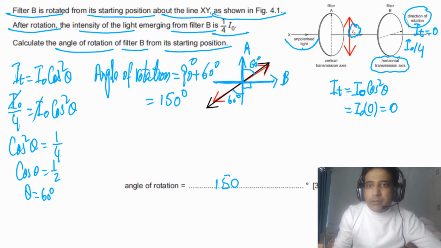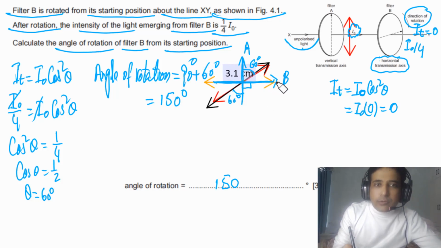So we can place our filter here first of all. We can rotate this one first by 90 degrees. Then again, we can rotate this by 90 degrees. And again, we can rotate by 90 degrees. So 3 times we have rotated by an angle of 90 degrees.